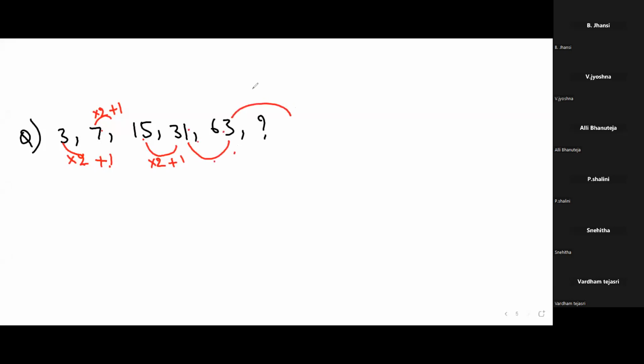So next one should be 63 into 2, 126 plus 1, 127 is the correct answer here. 127 is the correct answer, right? Yeah, into 2 plus 1 is the sequence that is followed here. Okay. I hope all of you understood this. I think now we can move ahead to the next one.